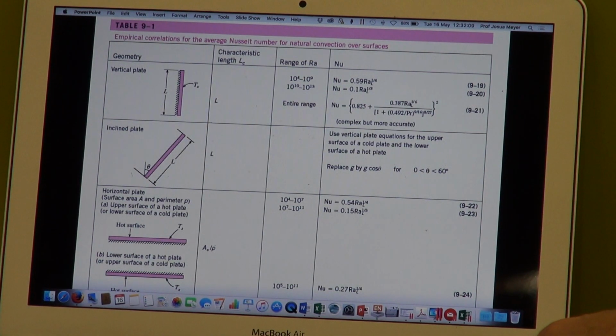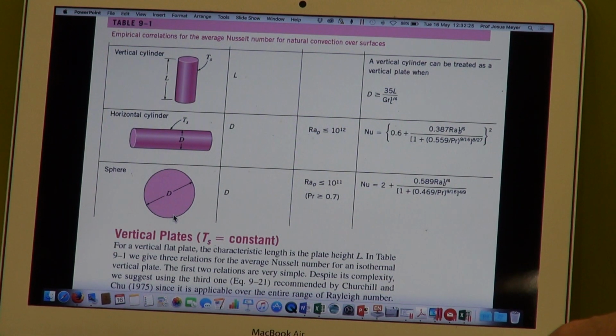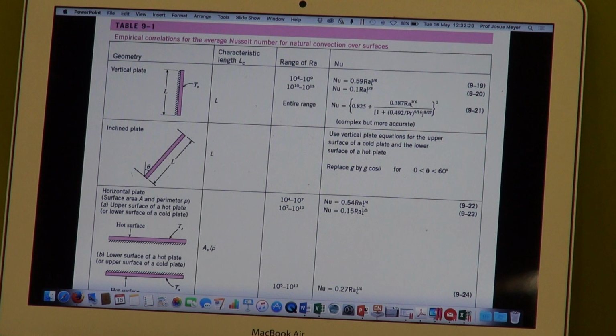Table 9.1, I've mentioned that table. Here are examples of different types of surfaces with natural convection. We've got the flat vertical plate, an inclined plate, horizontal plates, then vertical cylinder, horizontal cylinder, and the sphere. For all of them, the characteristic length is identified.